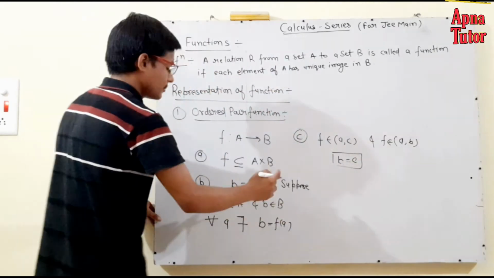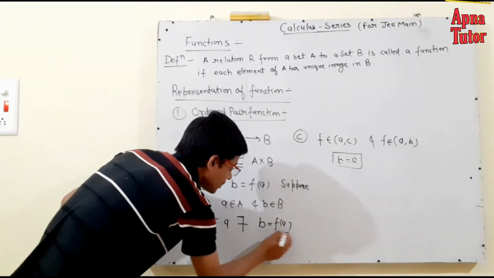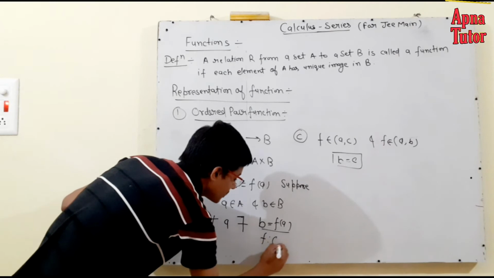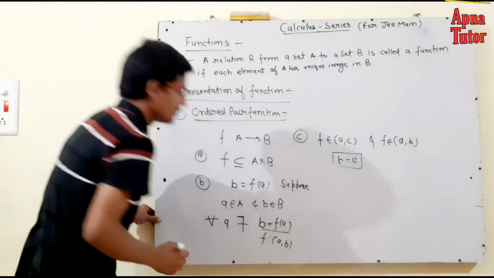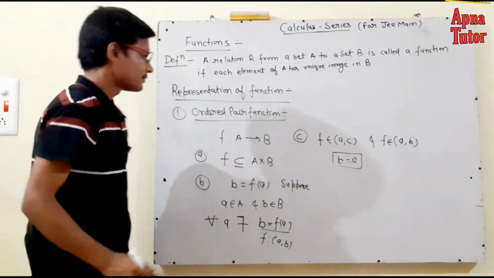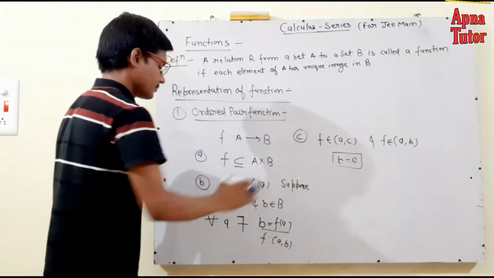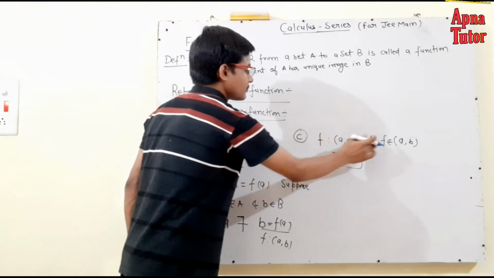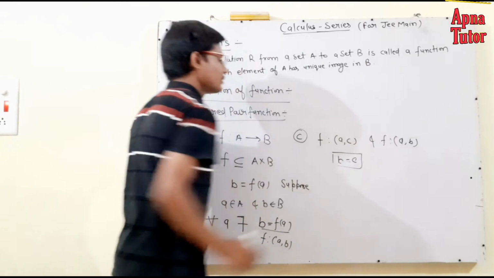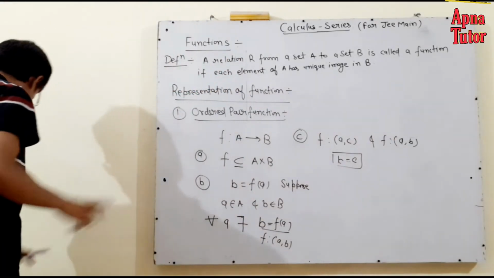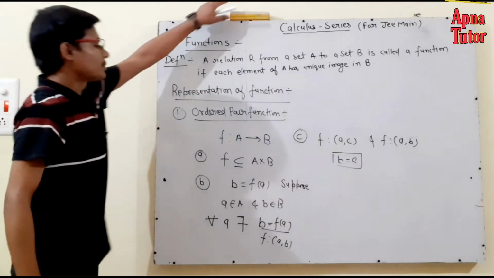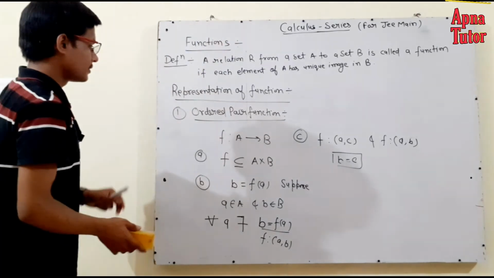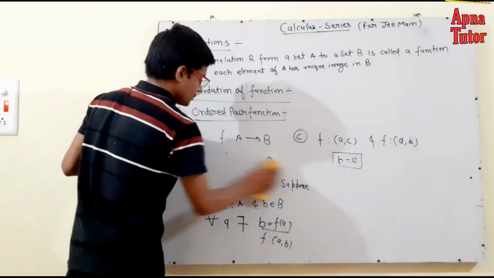This statement is also written as f colon A to B. So this is the way to represent the ordered pair functions to judge.